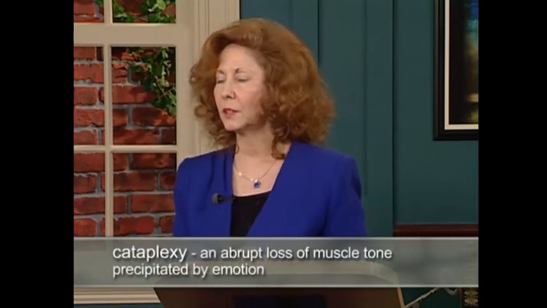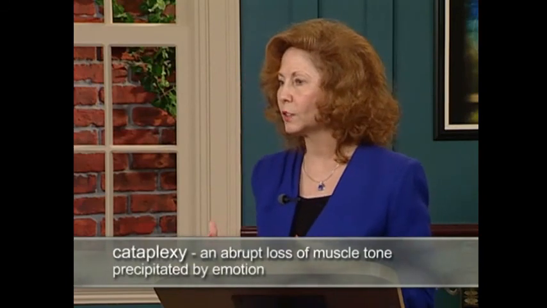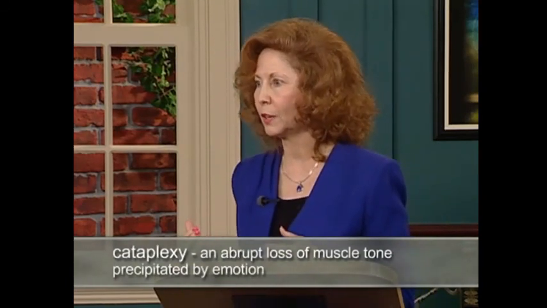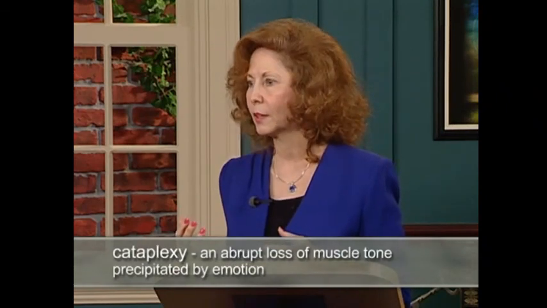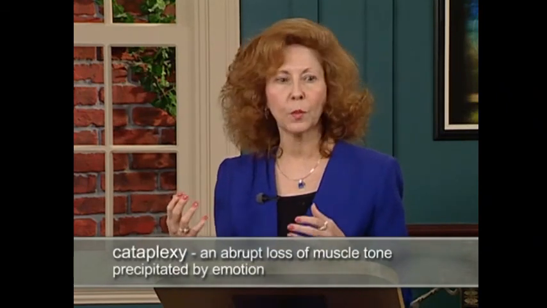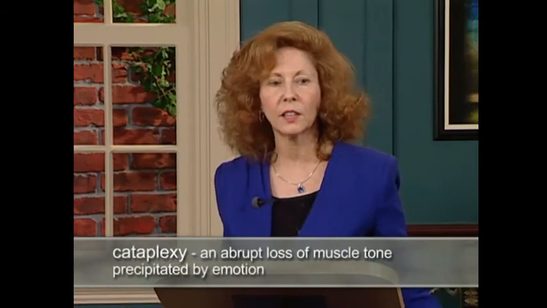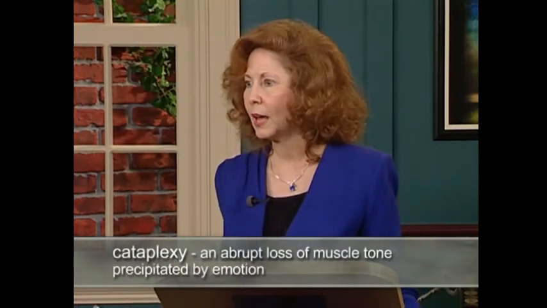And cataplexy is where there's a sudden loss of muscle tone in the individual that's brought about by emotion. So the individual, you tell them a joke and they start laughing and suddenly they lose all their muscle tone and they may collapse, or they may only be slack-jawed, for example, something like that.